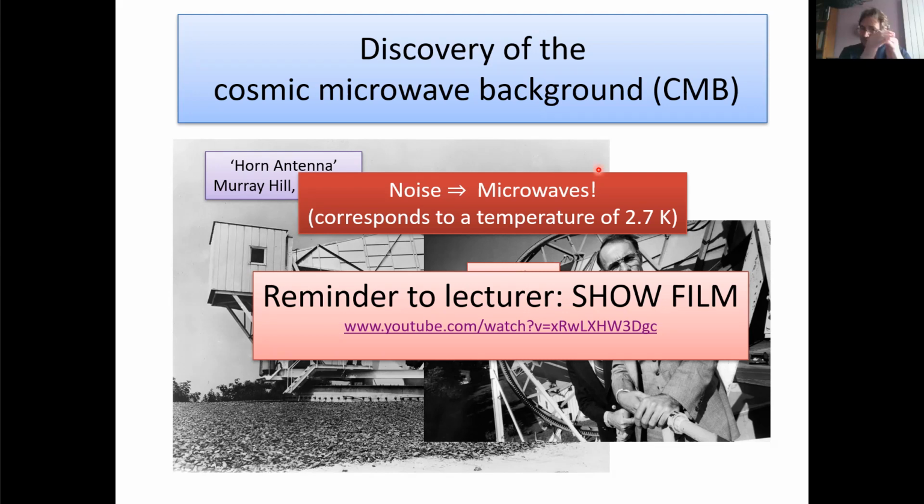While it is hot, this radiation corresponds to thousands of Kelvin, of visible light or maybe UV light. The universe expands and you get the redshift. The wavelength gets longer. You get microwaves.